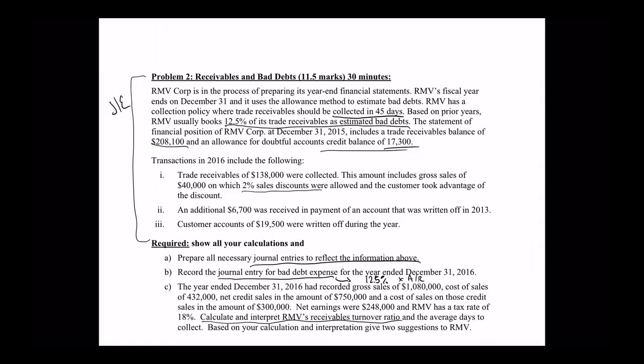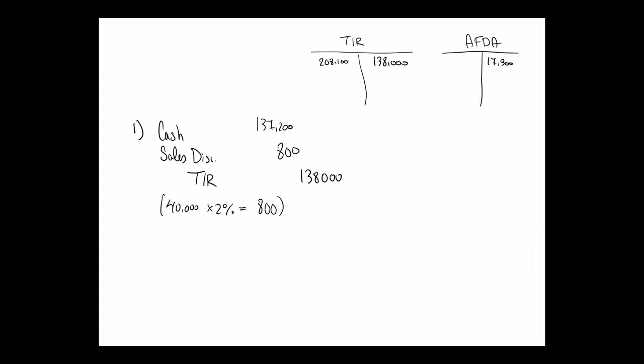Transaction 2. An additional $6,700 was received in payment of an account that was written off in 2013. So if we've already written off an account and we now are going to collect it after it's been written off, before we actually record collecting it, we have to reverse having written it off. So to reverse it, we're going to have to create trade receivable again.